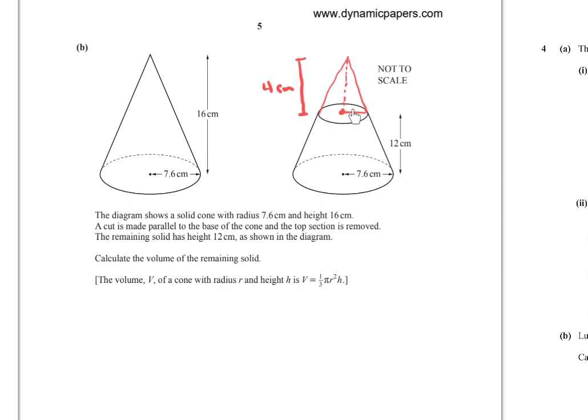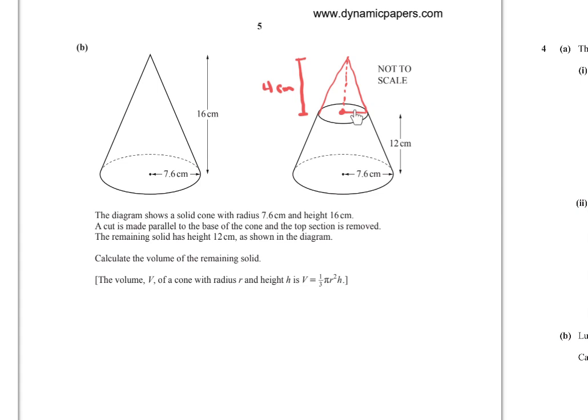How to find the radius? Now we have the height for the small cone, 4, and the height of the large cone, 16. Because the cut is parallel to the base, the small cone is similar to the large cone. If they are similar, the ratio between the radius of this one to the radius of that one is the same as the ratio between their heights.